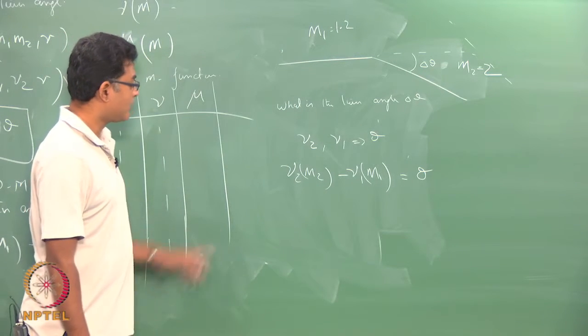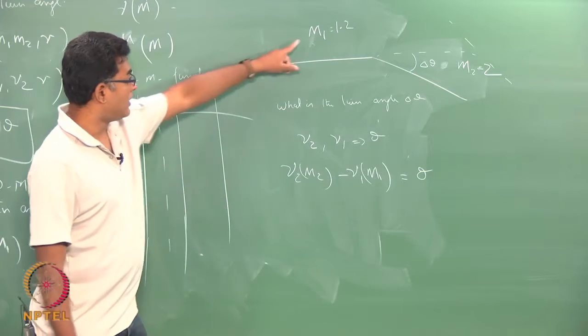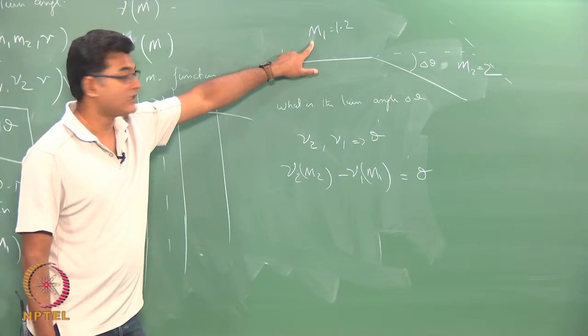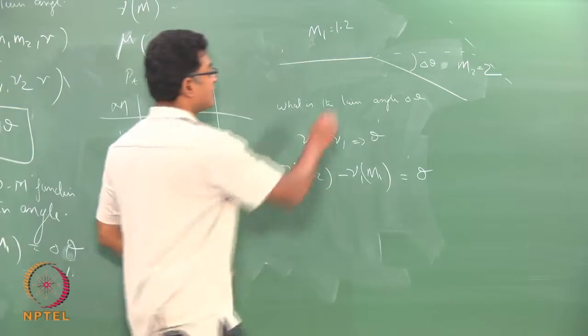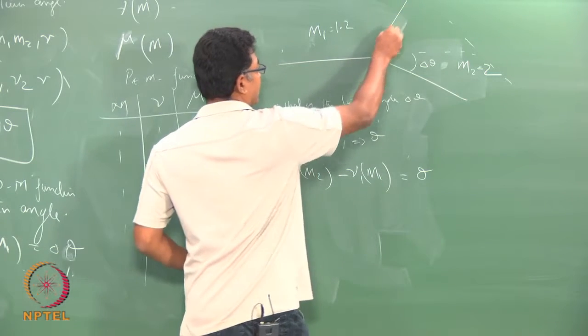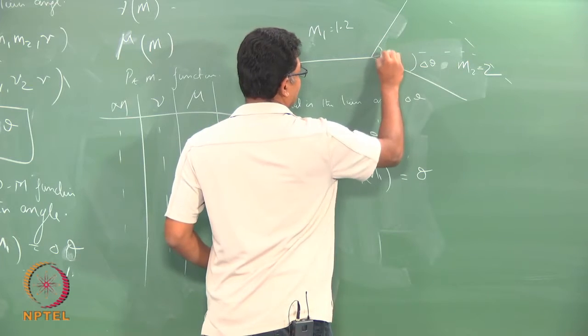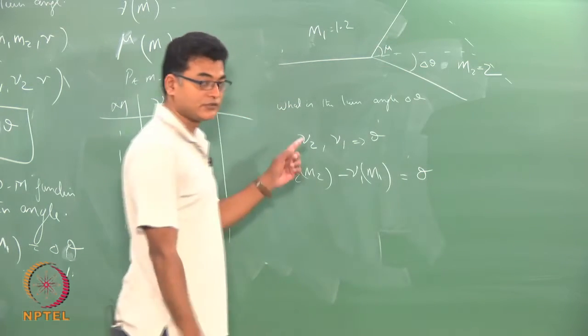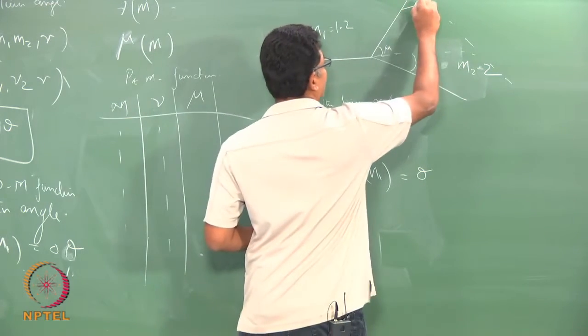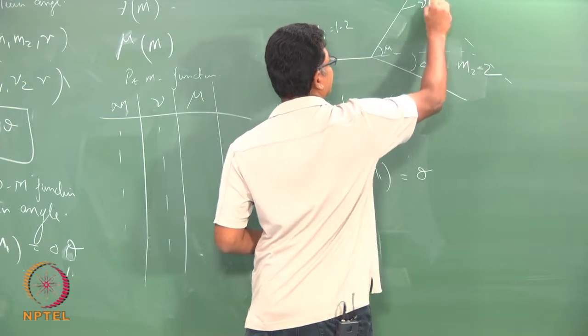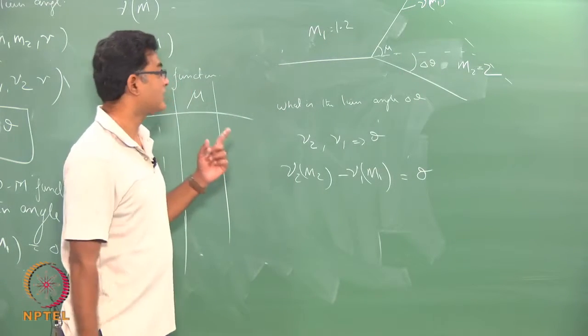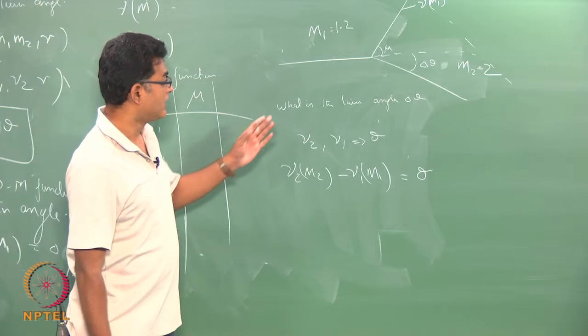Okay. So, what does this really mean? When I have a Mach number 1.2, it generates a Mach wave. This Mach wave is at an angle mu. Associated with this, I have a nu which is a function of Mach number alone. Okay.